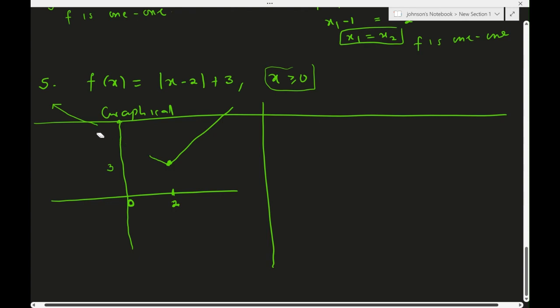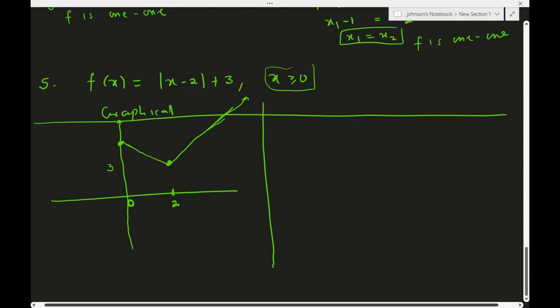We have to remove all of this part, so we can only approach here. We stop here because of greater than or equal to 0. So this is the graph, but this side is no longer there, while this side will continue.